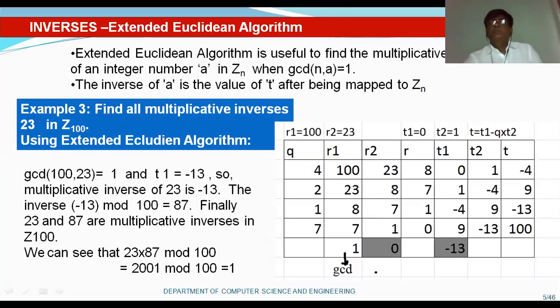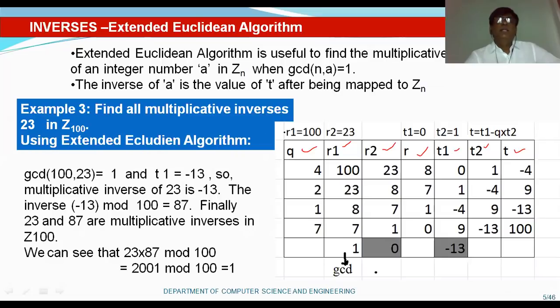For that, as per the previous explanation, we can find the GCD of any two numbers using the extended Euclidean algorithm in tabular form. First, take the columns Q, R1, R2, R, T1, T2, T. Here I need to find the GCD of 100 comma 23.